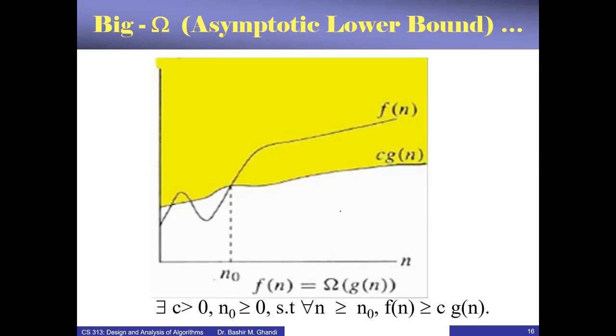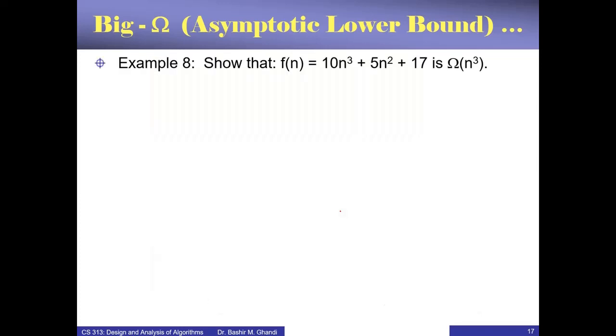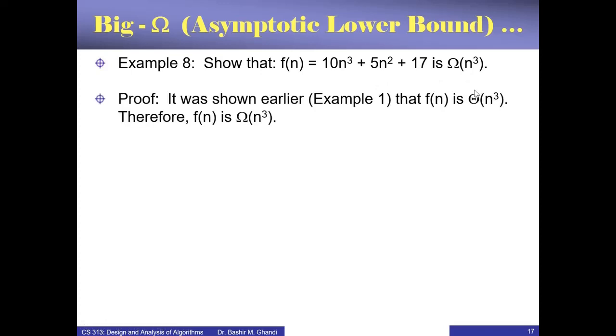Let's take an example. The same example that we saw for the big O and earlier on for the big theta. We're going to show that it is also big omega. Show that f(n), which is equal to 10n cubed plus 5n squared plus 17, is big omega of n cubed. Proof.